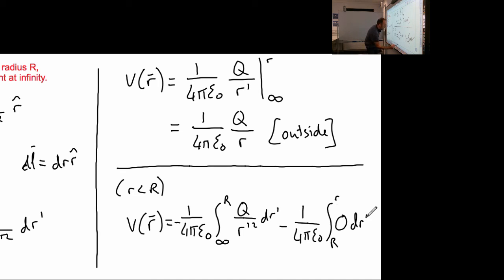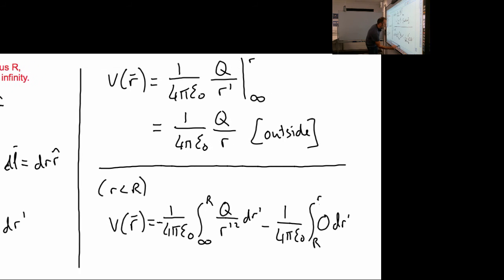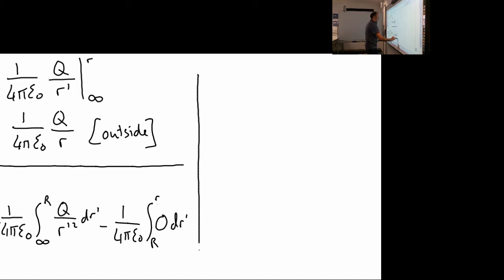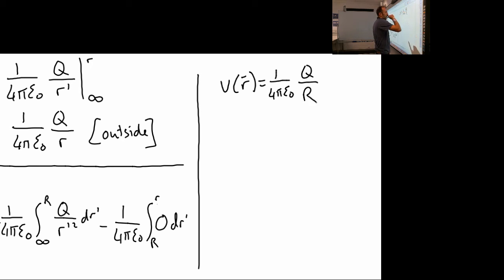We can just do this integral here, and what we find for inside is V of r potential is equal to 1 over 4 pi epsilon naught times Q over big R. Okay, so in fact this just depends on the radius of our sphere.